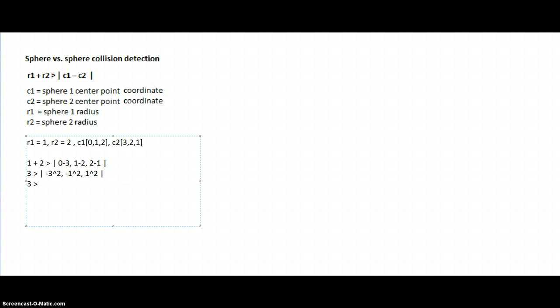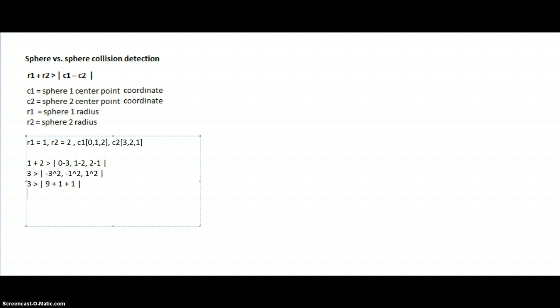Again we have this 3 is greater than minus 3 powered by 2, which is 9. And now I add the plus operator, which is used to sum all these values. Minus 1 powered by 2 is 1, and 1 powered by 2 is 1.